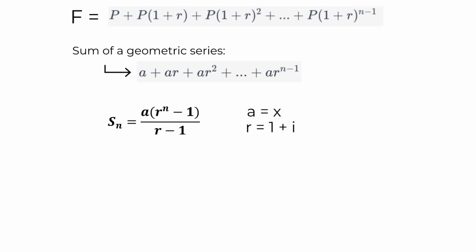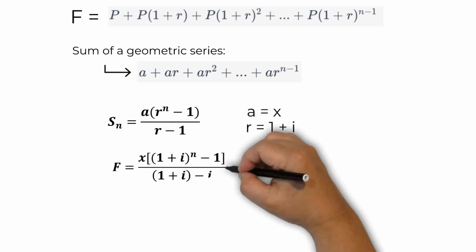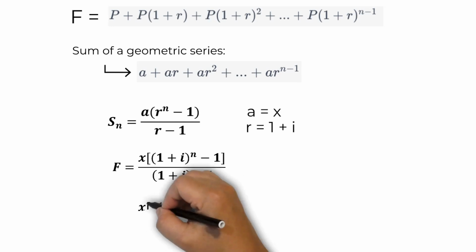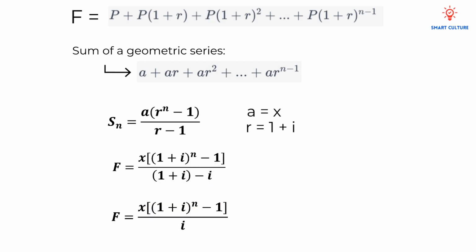So if you substitute a with x and r with 1 + I, then you get x multiplied by ((1 + I)^n - 1) divided by (1 + I - 1), and then we can simplify the denominator, and then we get x multiplied by ((1 + I)^n - 1) divided by I. And this is the future value formula.